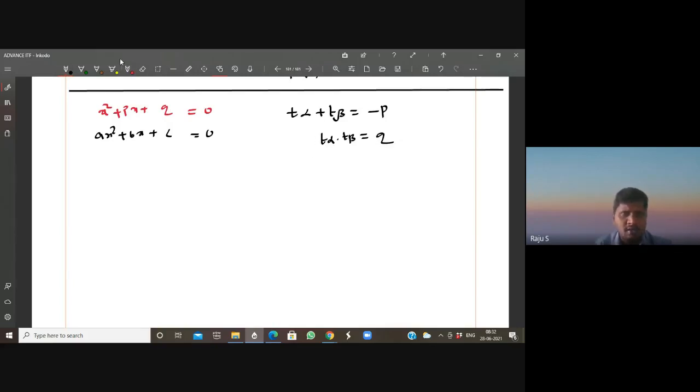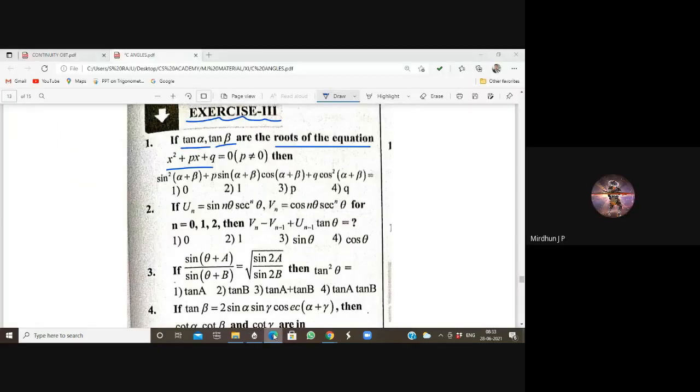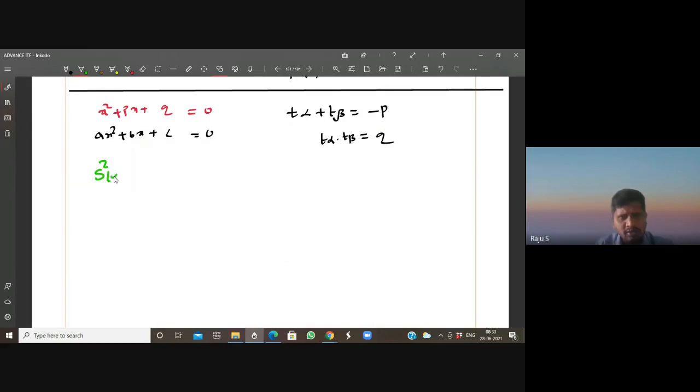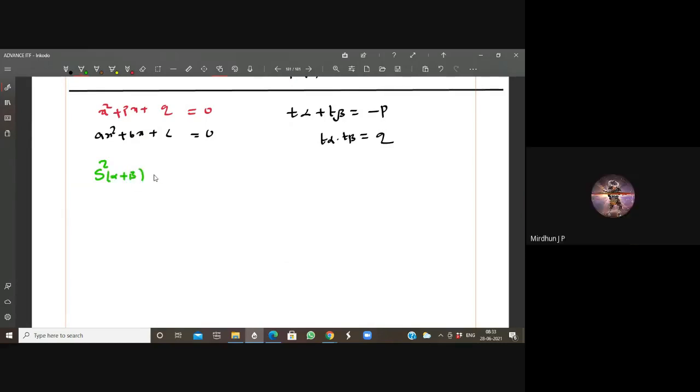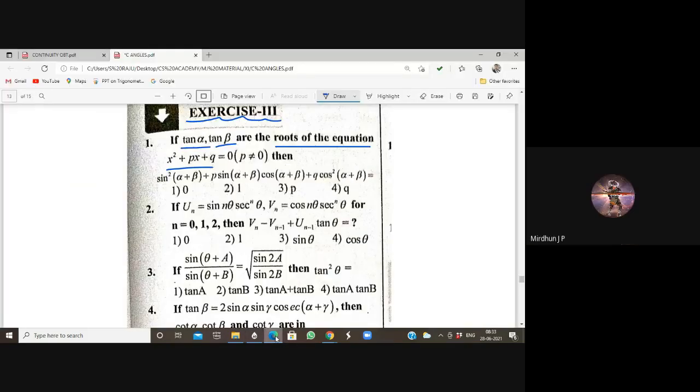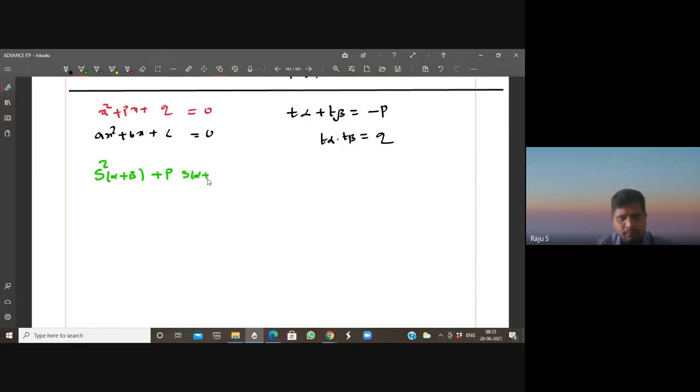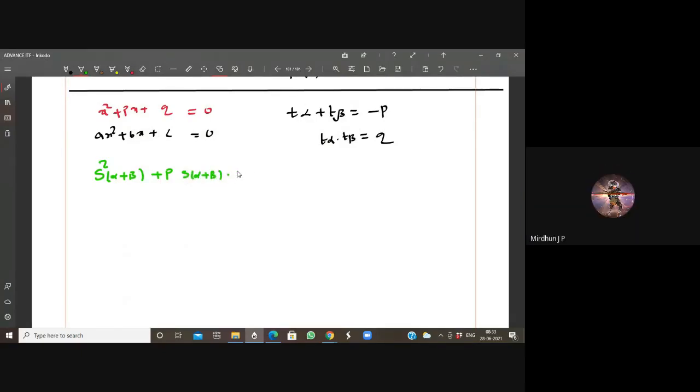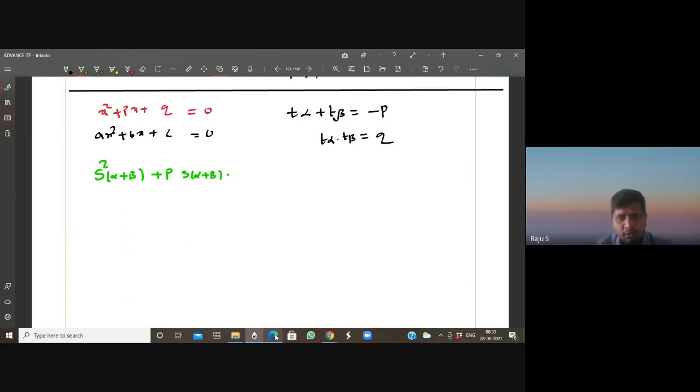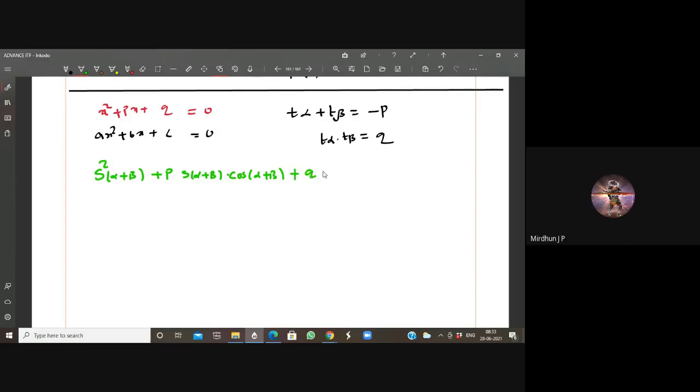Okay, what is the value we need to find here, students? The sine square alpha plus beta, plus p sine alpha plus beta into cos alpha plus beta, plus q cos square alpha plus beta.